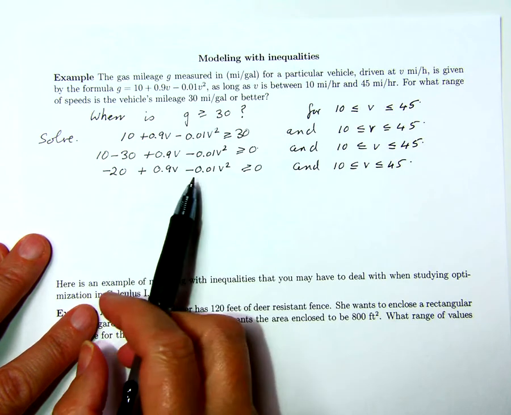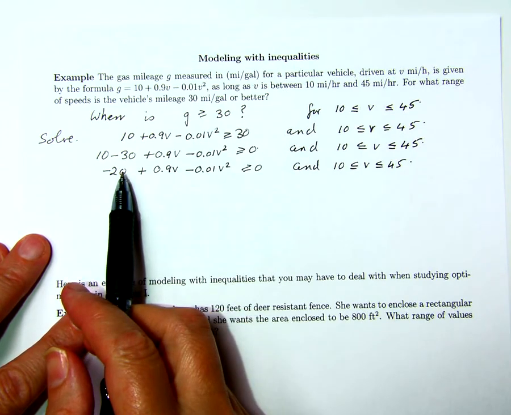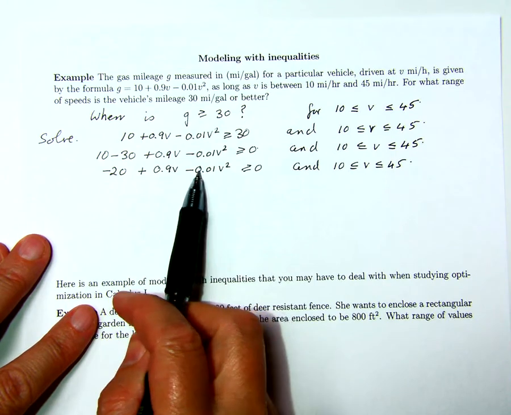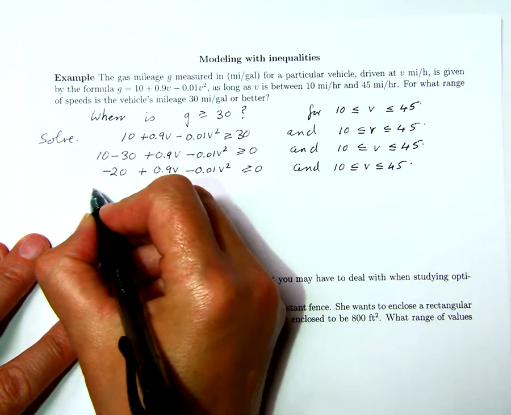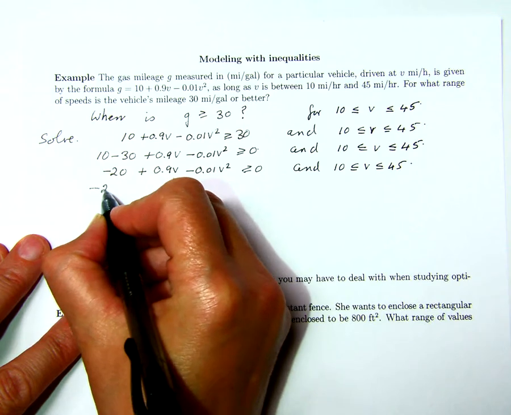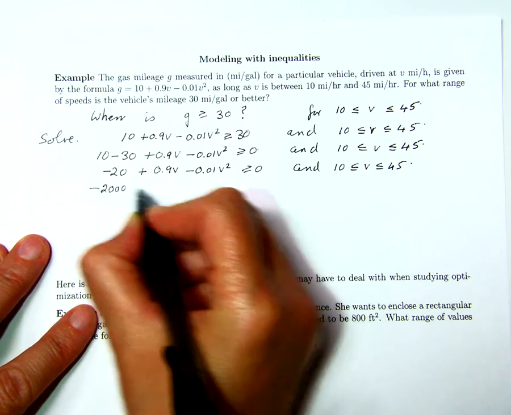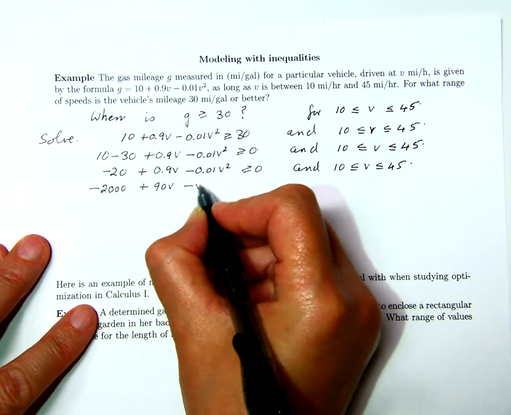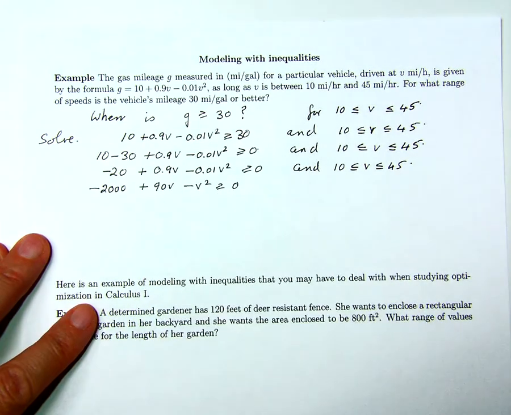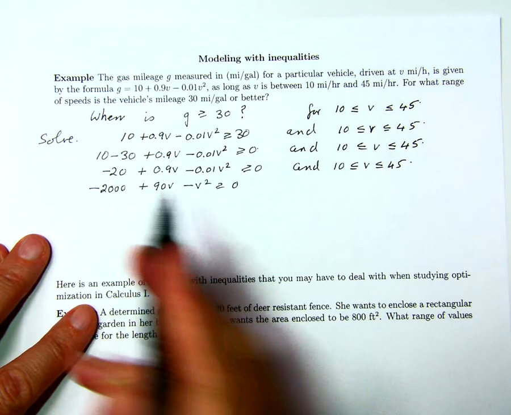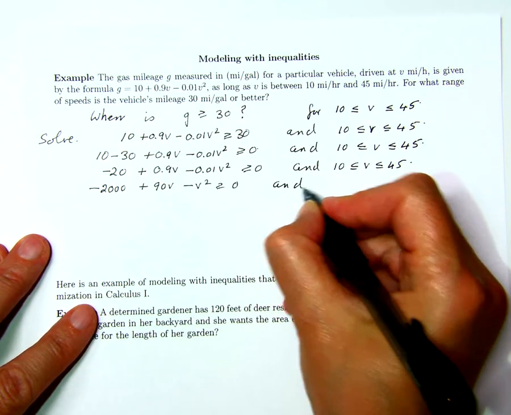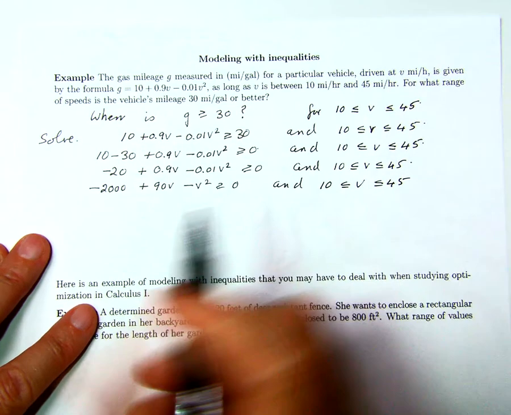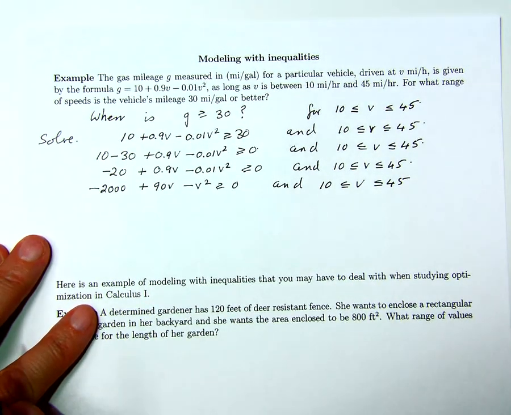Now I'm going to multiply this by 100 just to get rid of that 0.01. So I get minus 2000 plus 90V minus V squared greater than or equal to 0. And now I'm going to multiply across by a minus just to make the coefficient of V squared positive.